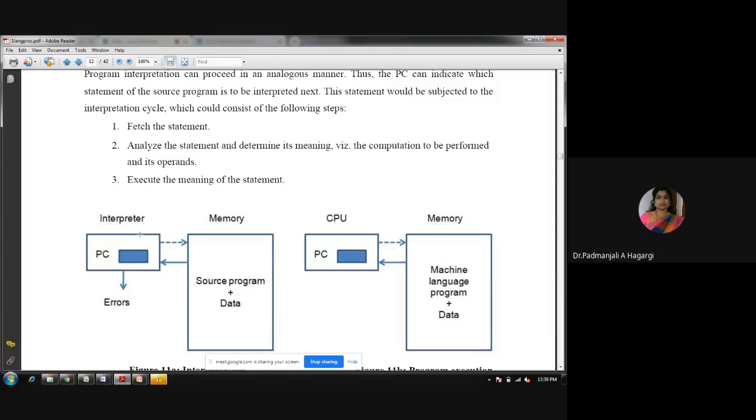So here, in interpretation, the program counter takes the line of code from the source program, because the source program is already saved as something like xyz, assume that, so it is in the memory.